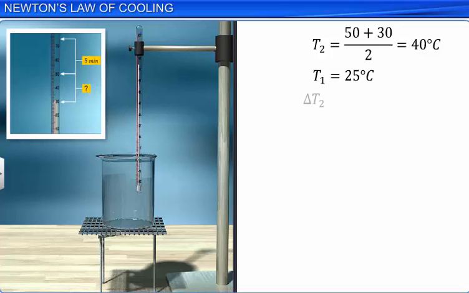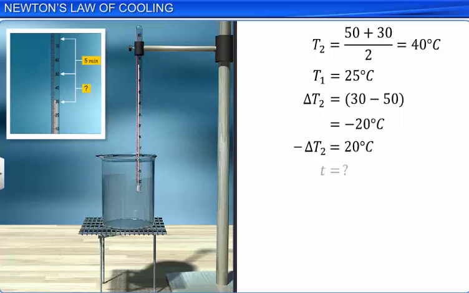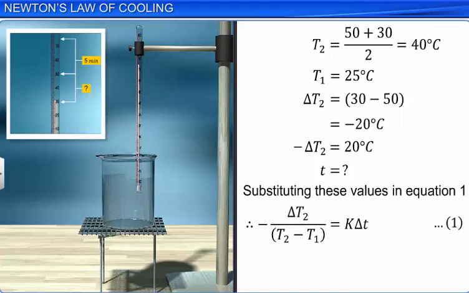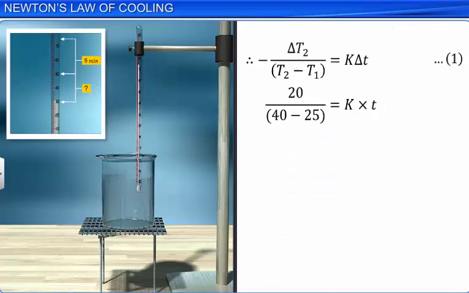Minus delta T2 is equal to 20 degrees Celsius. We need to find the value of T. 20 by 40 minus 25 is equal to K into T. On further simplifying, we get T is equal to 4 by 3K.